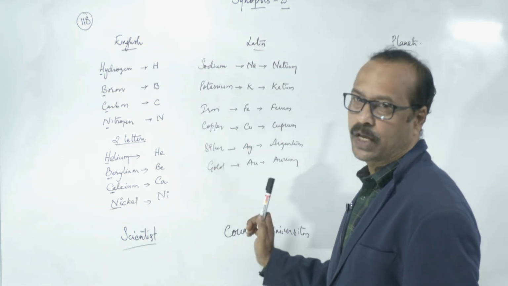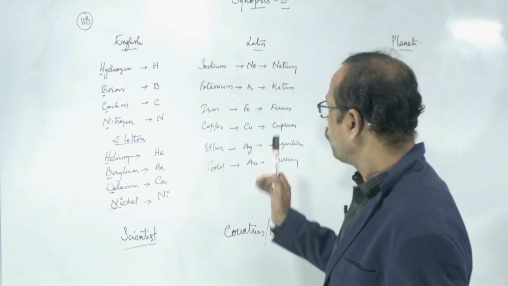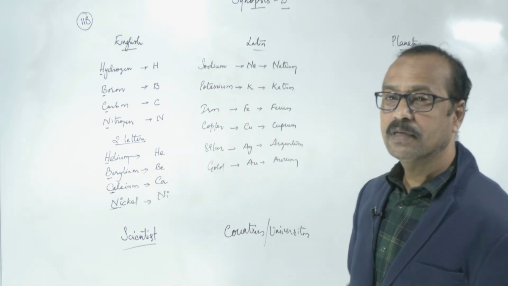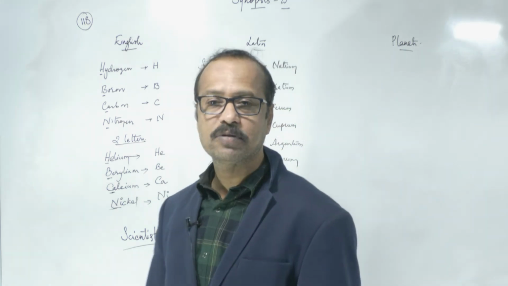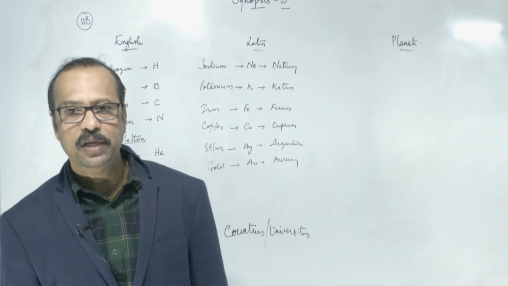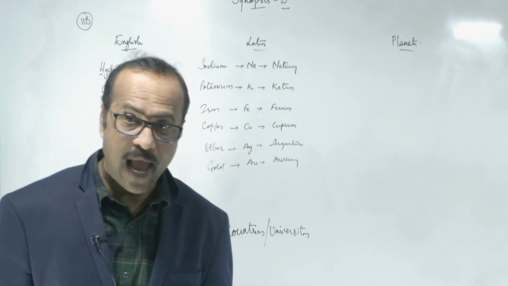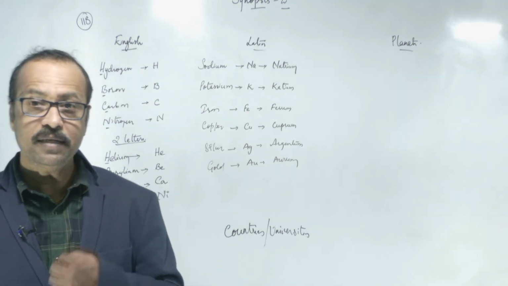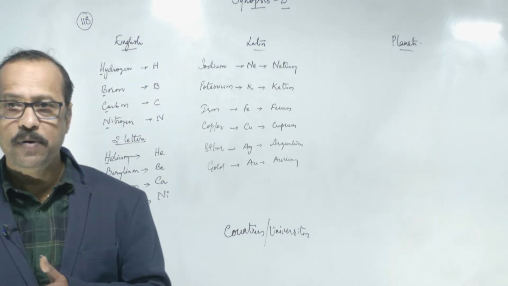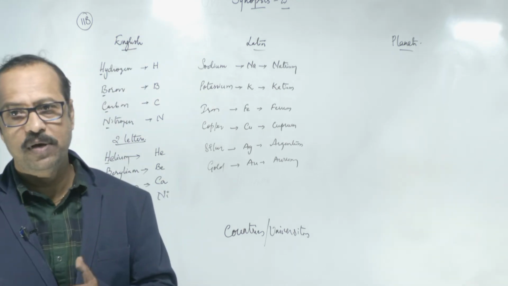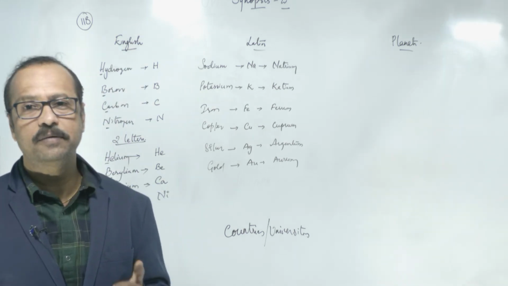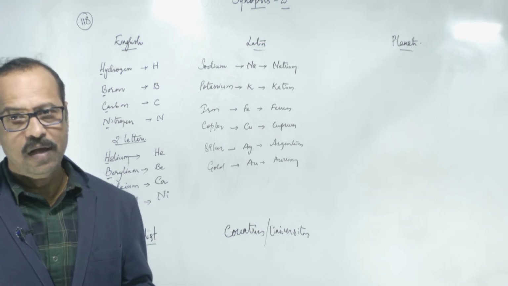Silver Ag, gold Au. Why? Because these symbols are given based on the Latin names of those elements. Sodium's Latin name is natrium, potassium's is kalium, iron's is ferrum, copper is cuprum, silver is argentum, gold is aurum.